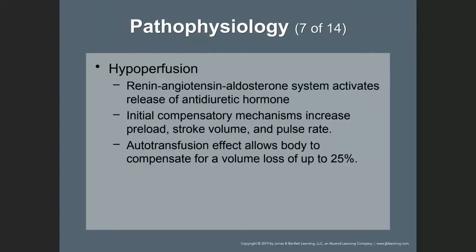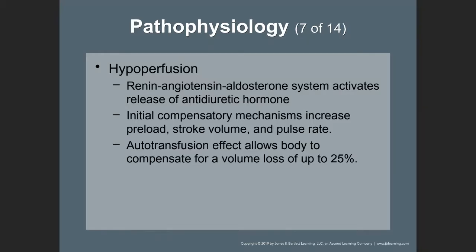And if sodium is being retained, water is going to be retained. That is what the body needs to keep the blood pressure at a level where the core organs can still be perfused. So that's how the renin-angiotensin-aldosterone system works.